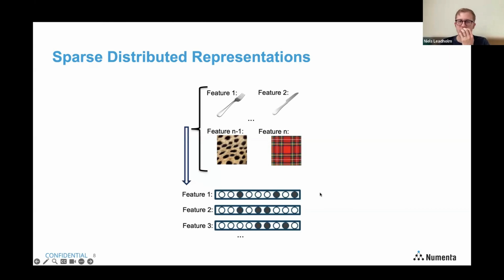Yeah, and then I've shown here, maybe controversially, that we could consider passing in features that might correspond to texture patches. This could be something where you don't necessarily learn a detailed model of how cheetah skin or tartan is on the animal.